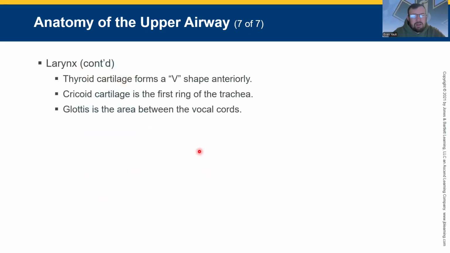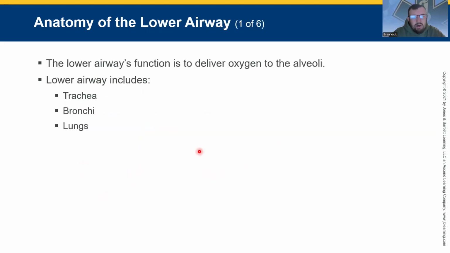Larynx, thyroid cartilage forms a V shape anteriorly. The cricoid cartilage is the first ring of the trachea. The glottis is the area between the vocal cords. The lower airway function is to deliver oxygen to the alveoli. Lower airway actually includes your trachea, bronchi, and lungs.